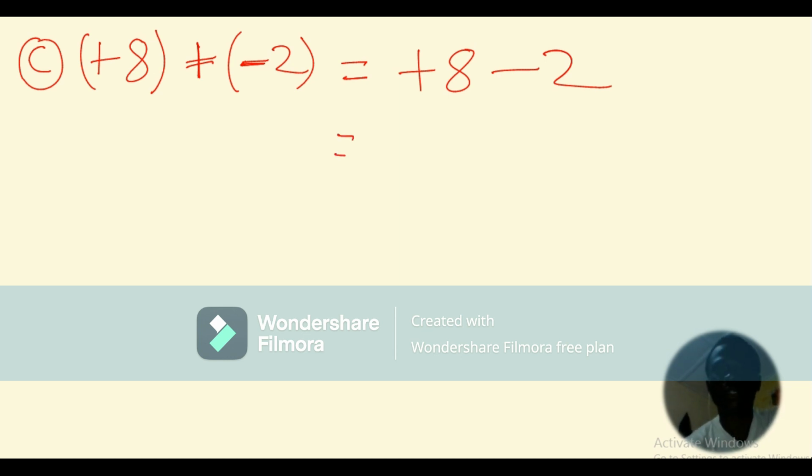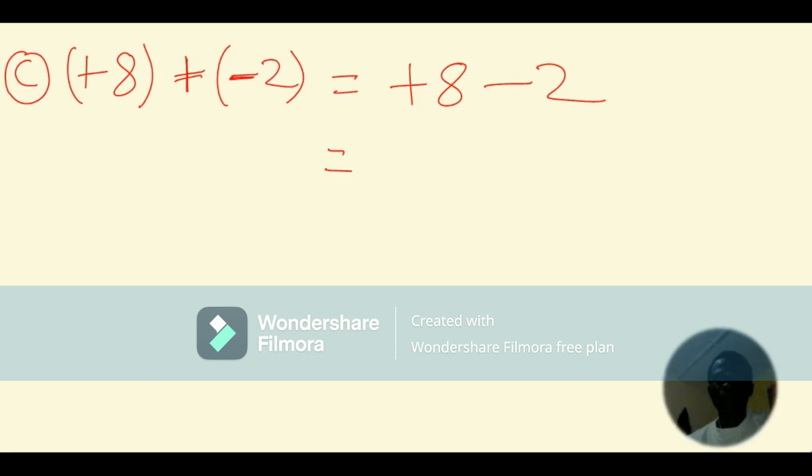So using that method that we've called neutralization, positive 8 means positive. So let's count again now. We have positive 1, 2, 3, 4, 5, 6, 7, 8.